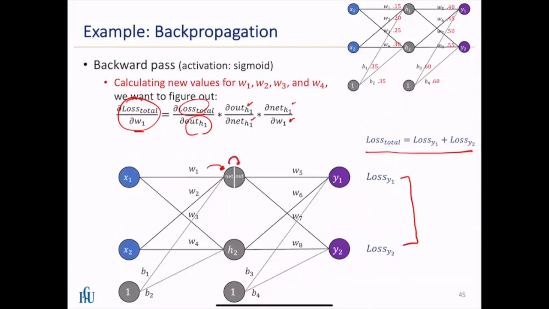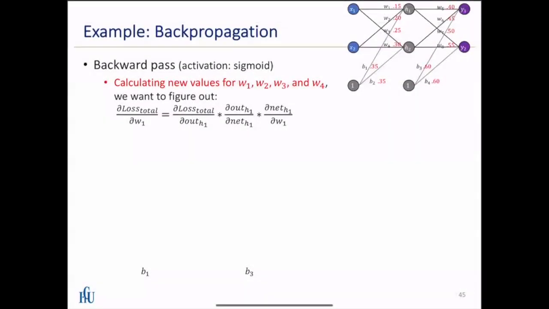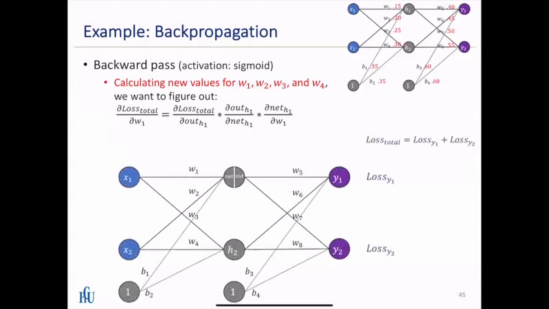Net input of H1 is affecting the output of H1. Output of H1 is affecting the loss at Y1 and loss at Y2. So that means when we do backpropagation, we want to consider multiple channels like this. In terms of backpropagation, we want to calculate the error in this direction, this direction, and this direction.